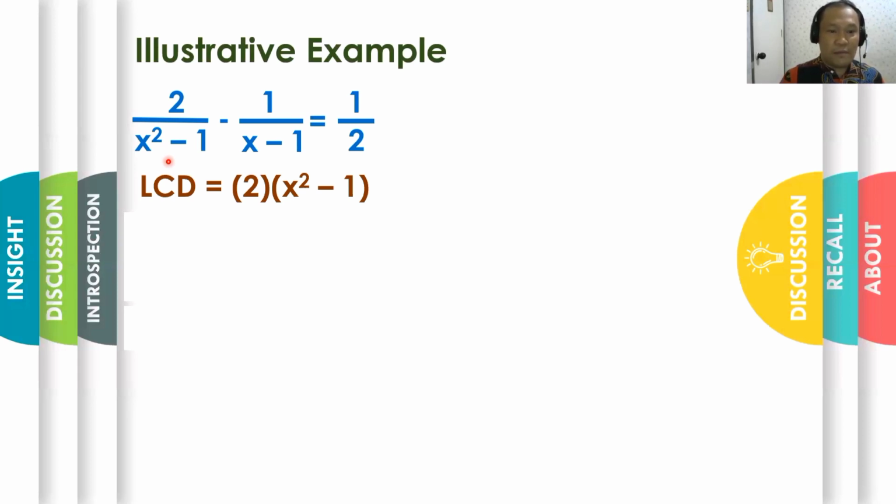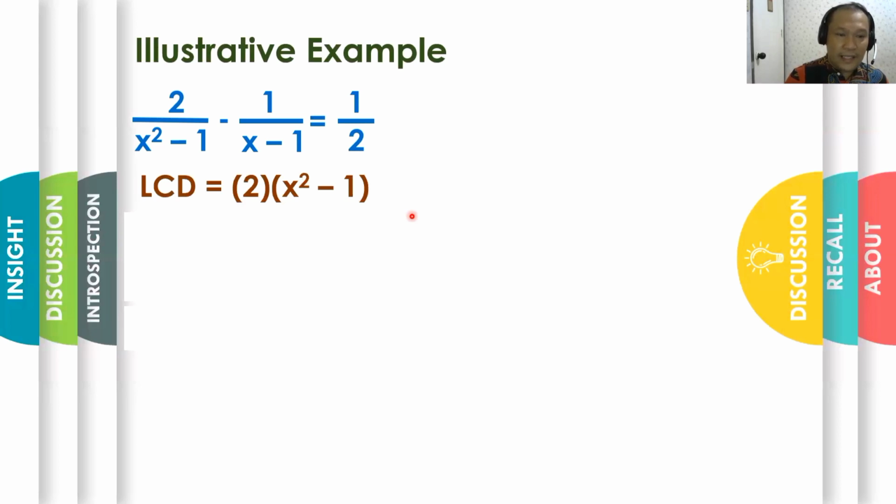Then the remaining will be x plus 1. Therefore, if you multiply x minus 1 times x plus 1, the same result is generated, and that is x squared minus 1, then multiplied by 2 here. Therefore, our LCD will be 2 times the quantity x squared minus 1.